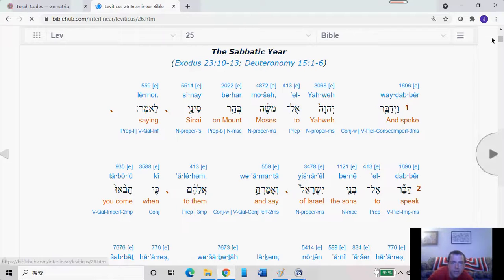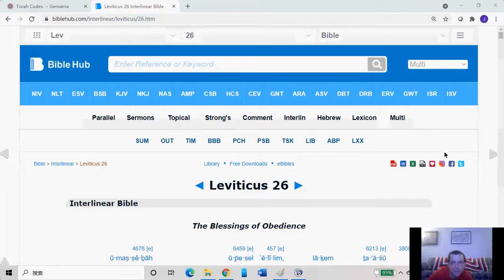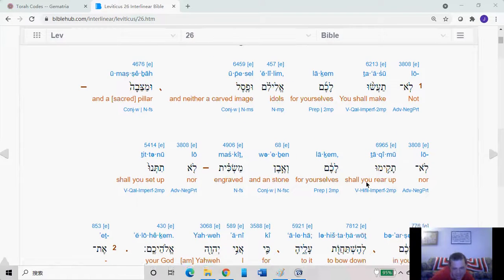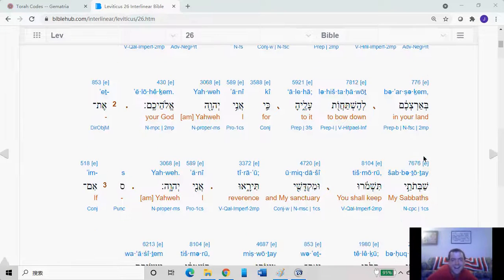Chapter 26, verse 2, and I did say to myself to show the interlinear. So let's see why, because after I put these notes on, I kind of forgot why I had them in the first place. Talking about the Sabbath. 1, 2, 3, 4, 5, 6, 7.